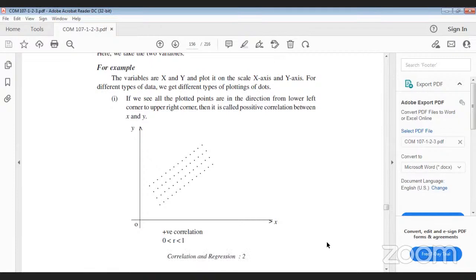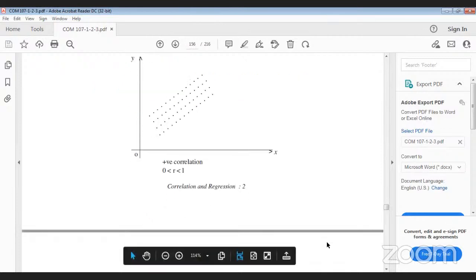The figure is given there. It is known as positive correlation, from the lower left corner to the upper right corner. Then it is called positive correlation, with r more than 0 and less than 1.